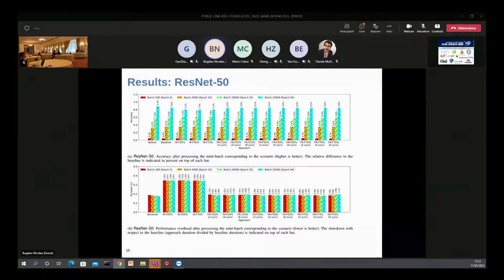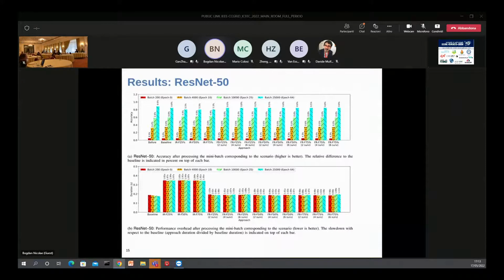For the two strategies, IAR represents the first strategy and FR, forward recovery, represents the second one. And we have also different moments during the back propagation when we simulate the failures: at 25% progress, 50% progress, and 75% progress. So this is part of the levels on the x-axis.